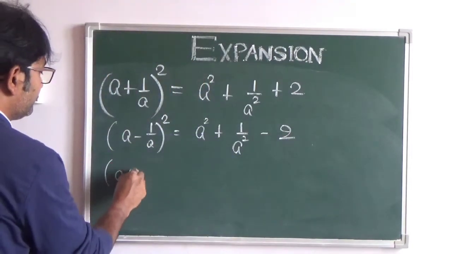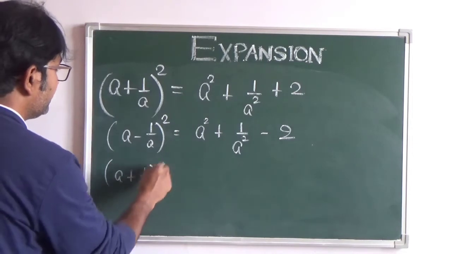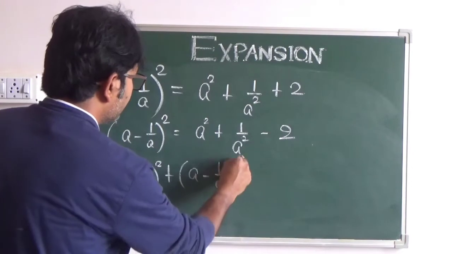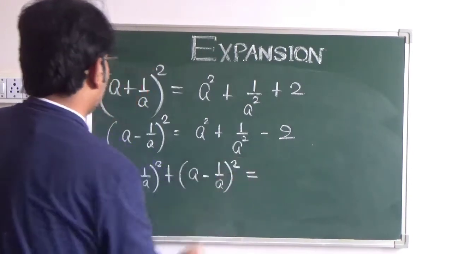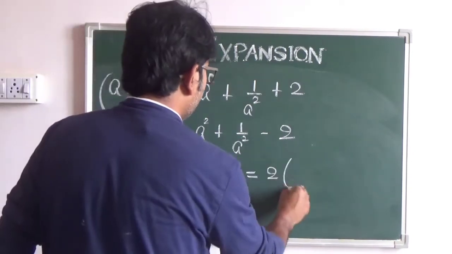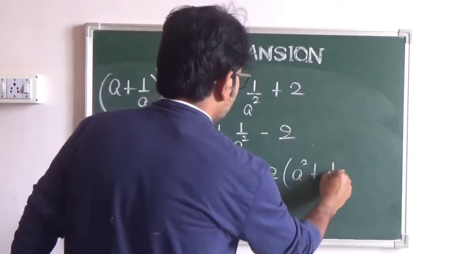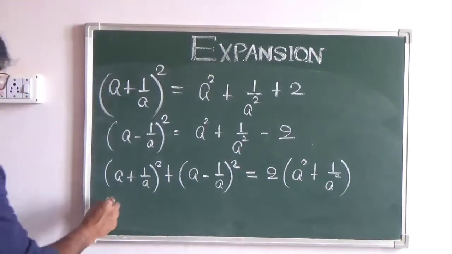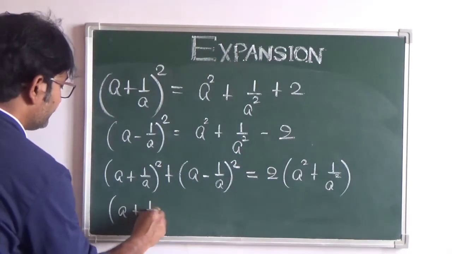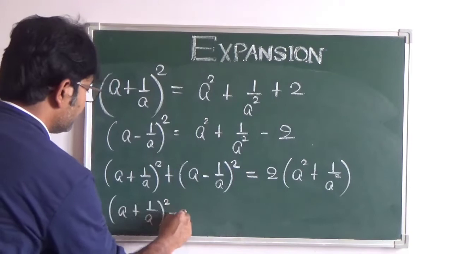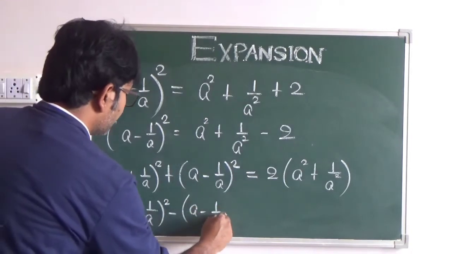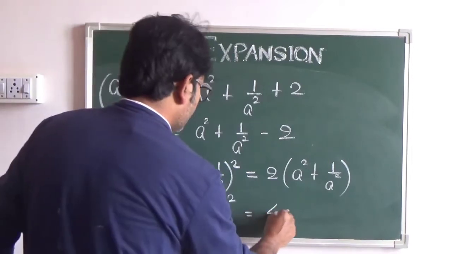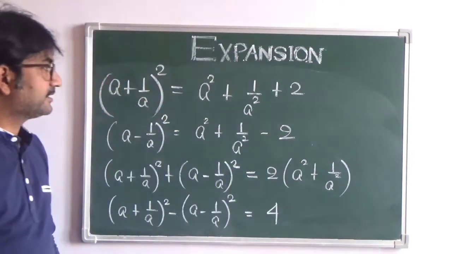Adding these two, (a plus 1 by a) whole square plus (a minus 1 by a) whole square, we have twice of (a square plus 1 by a square). Now I take the difference of these two: (a plus 1 by a) whole square minus (a minus 1 by a) whole square. That comes to 4.